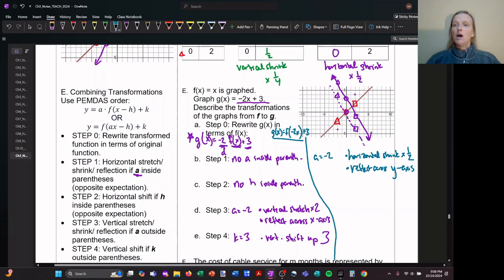So now what we're going to do is go back to those original red points that I plotted. And this time I'm thinking about the horizontal direction. Here, for the triangle, I was at negative 2. I think I said the y direction. I meant to say x.